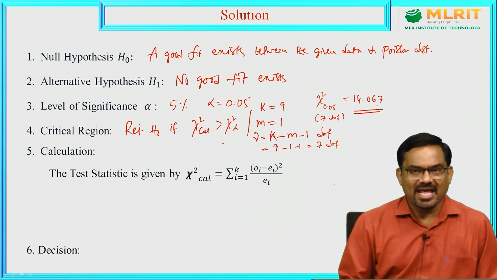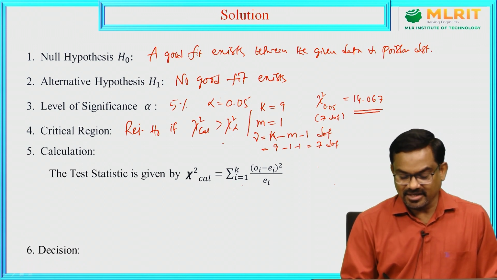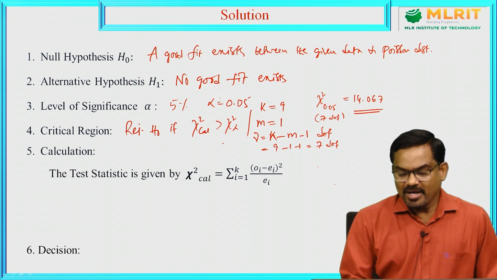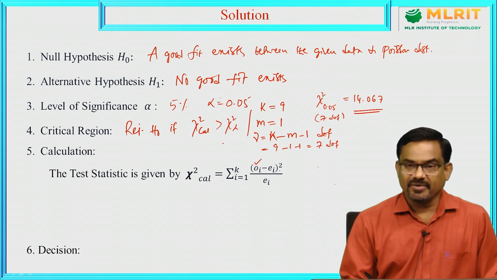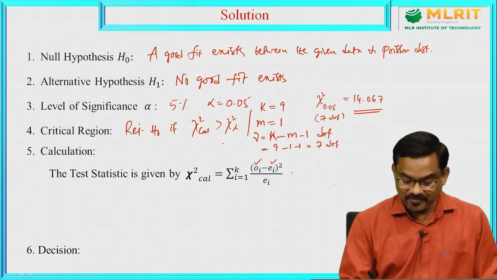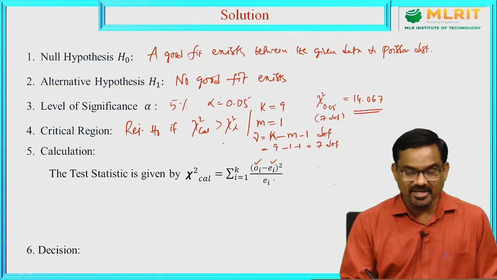Now coming to the calculation part, the test statistic chi-square calculated is sigma i equal to 1 to k, Oi minus Ei whole square by Ei. So we have observed cell frequencies and expected cell frequencies. Let us calculate the sum of squares of differences between observed and expected frequencies divided by Ei.